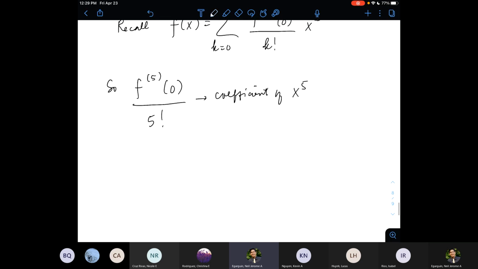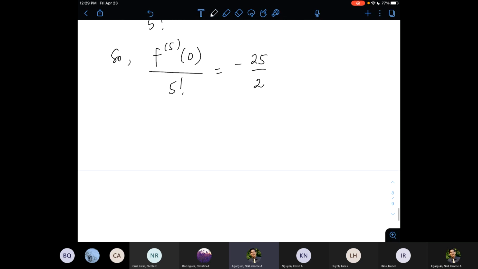So yeah, that's right, Kevin. So f upper 5 evaluated at 0 over 5 factorial equals negative 25 over 2. And since we're looking for f upper 5 evaluated at 0, I simply need to multiply this guy by 5 factorial. If you want to simplify, 5 factorial is just 120 over 2.